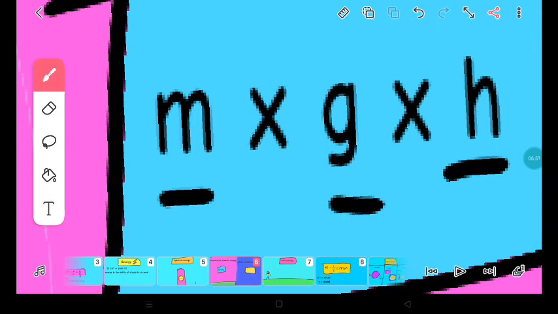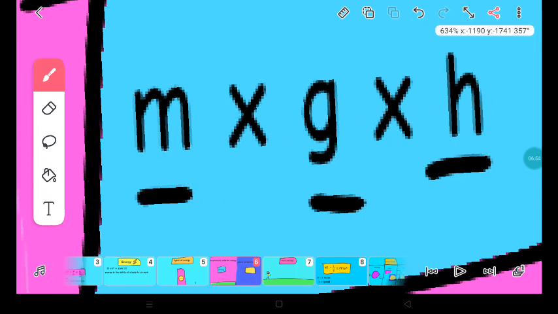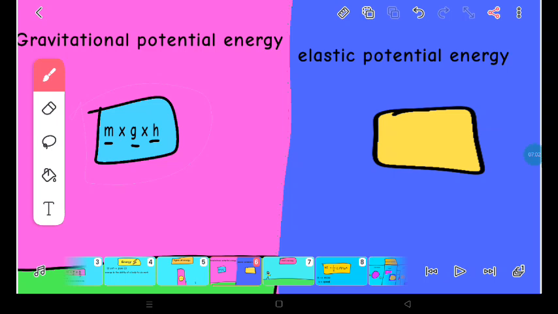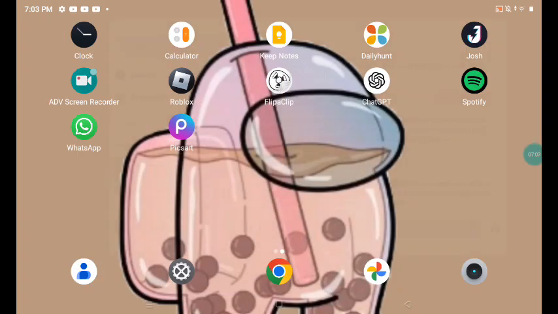M is mass of the body. G is acceleration due to gravity, and H is height. Now in my textbook it is giving G is equal to acceleration due to gravity. I do not know what acceleration is.